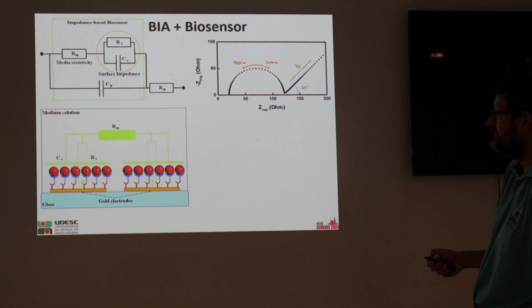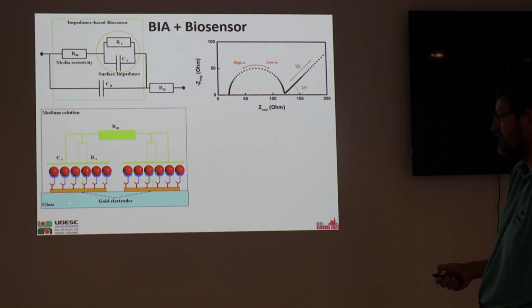So at the end, what you have is, for example, the gold electrodes here. You have a piece of glass. The gold electrodes are printed on top of the glass, and we have the analytes here, bonding.